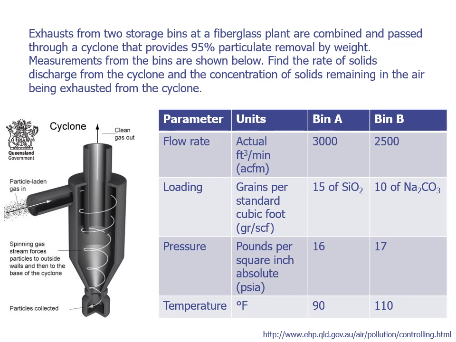So your dirty gas comes in from the side of the cyclone here, and then it whirls around inside, and the large particles slam against the walls because they can't make that turn, and then it comes out the top, and you have clean gas coming out the top because the particles have collected along the sides of the cyclone, and then they fall down to the bottom, and this is the solids discharge. And then there's some solids remaining in the air coming out, like 5% by weight.